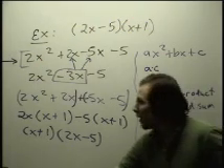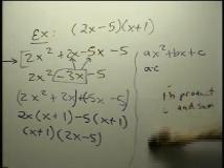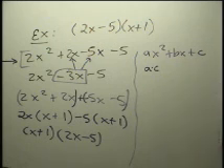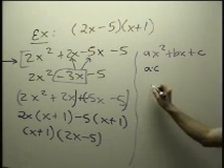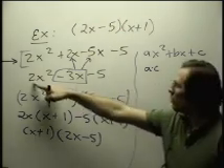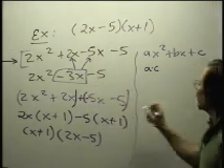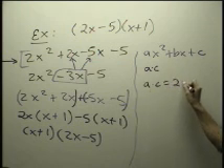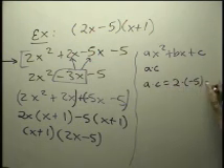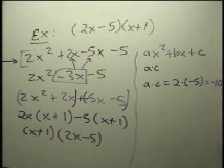See, in this example, AC is 2 times negative 5, negative 10.